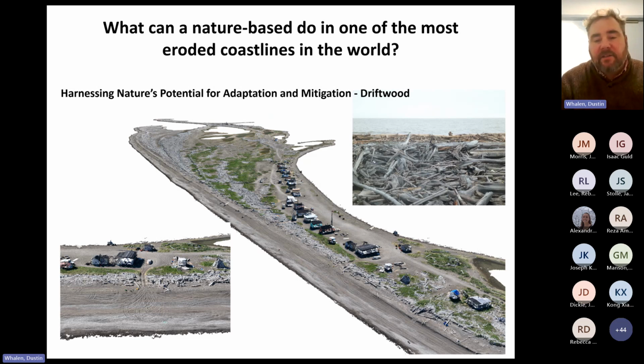It's been able to maintain its shape and stability such that the community really takes advantage of this spit for its whaling and fishing in the summer. And I like that zoom in picture in the corner, where the driftwood is such a stable feature of this area that they actually had to move the wood aside to create little pathways through for their ATVs and quads to access the beach.